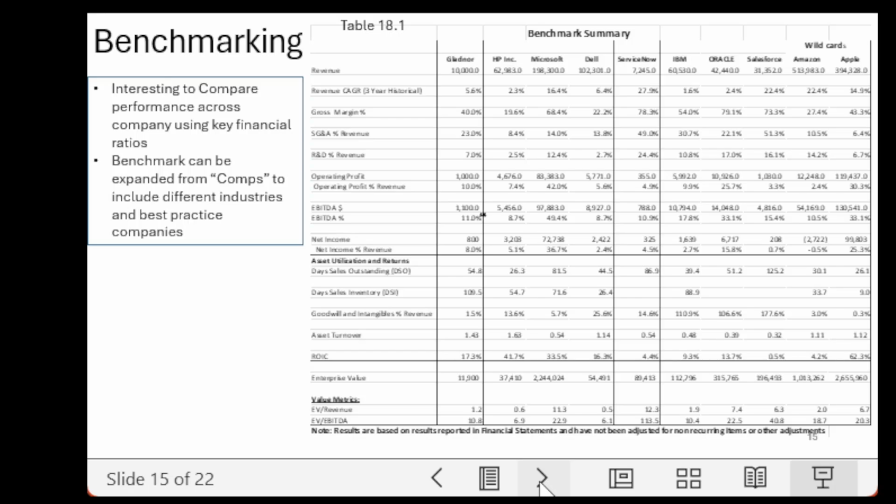We can also then link this into valuation, the enterprise value as well as relative value metrics. And we talk about valuation and specifically valuation using comparable multiples in another video under the valuation playlist. So this can be a very interesting exercise. We will also have a separate video on benchmarking because it is a powerful tool for FP&A and finance professionals.